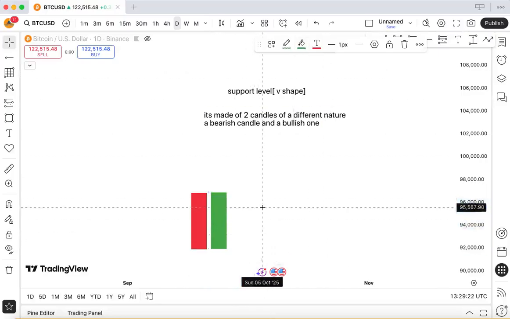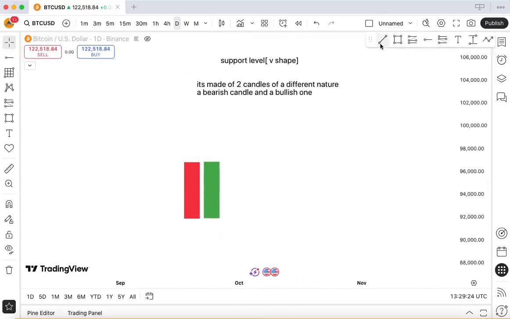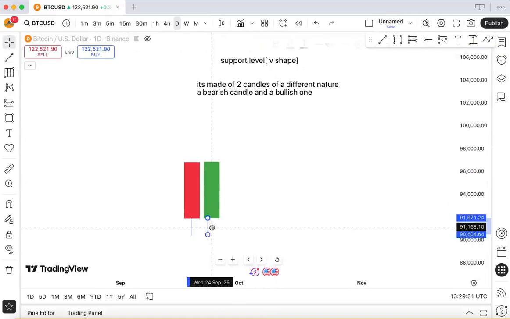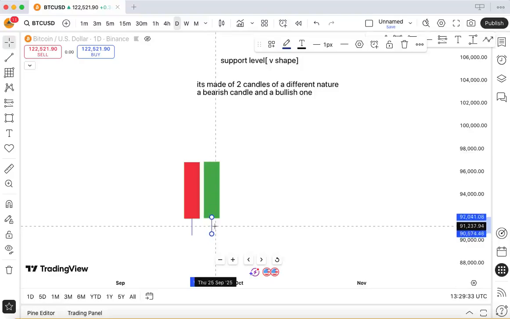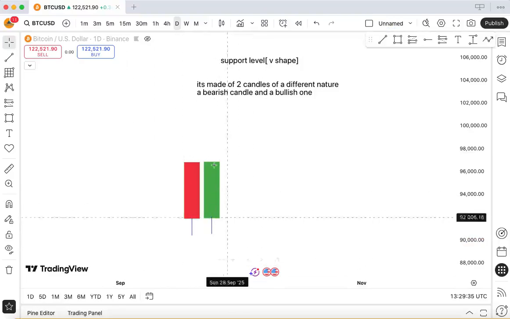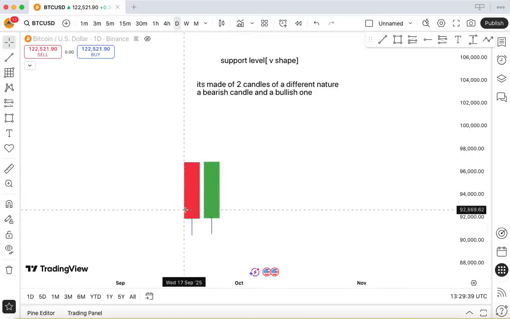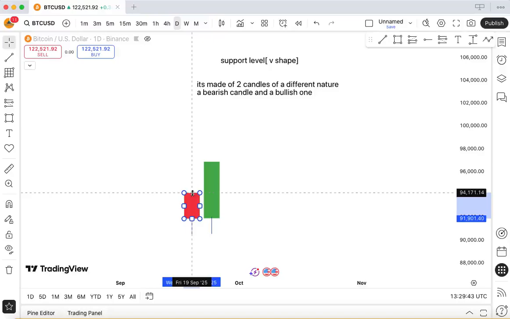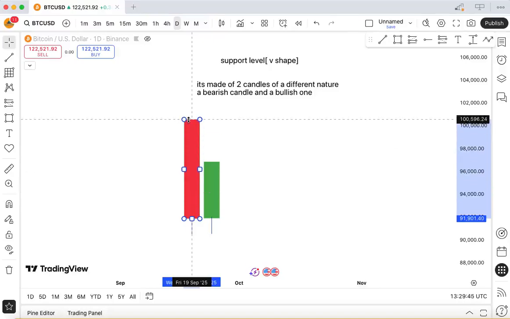So once you see these two candles like this, the formation of these two candles, the wicks can be there as well, no problem. This can be a little bit short, it can be long.